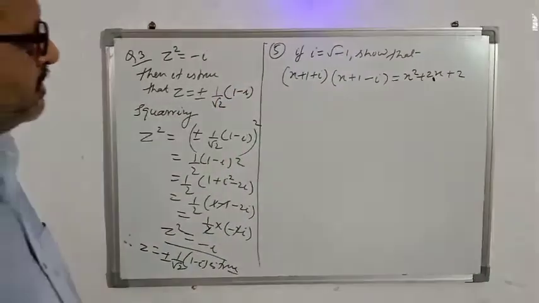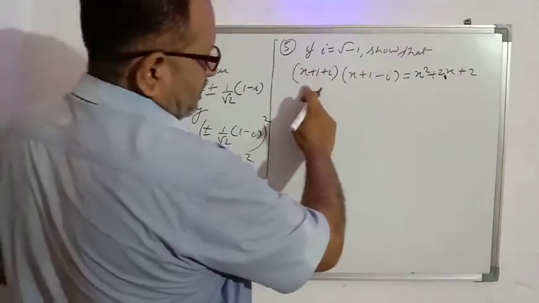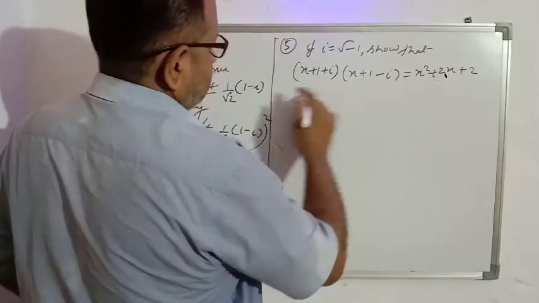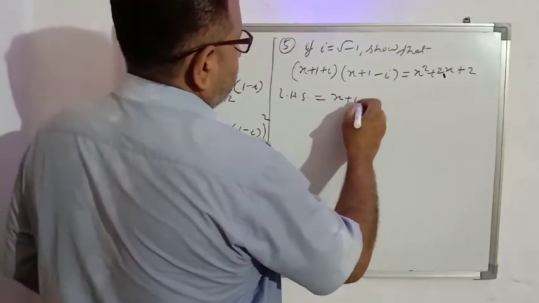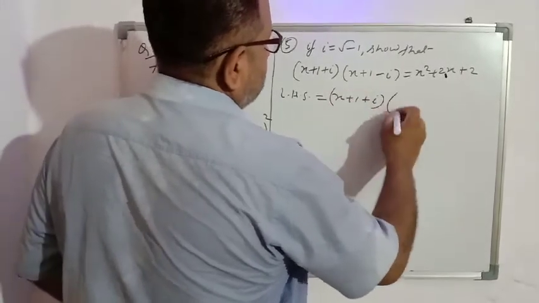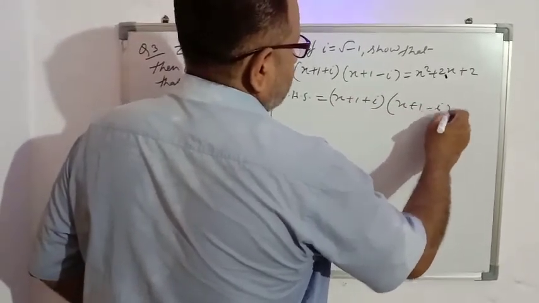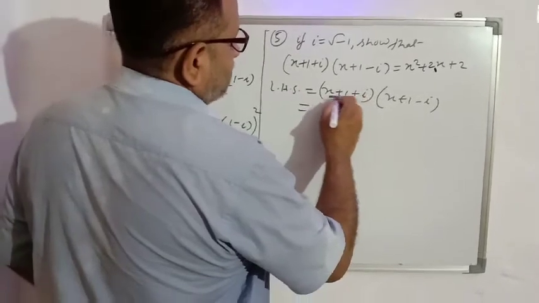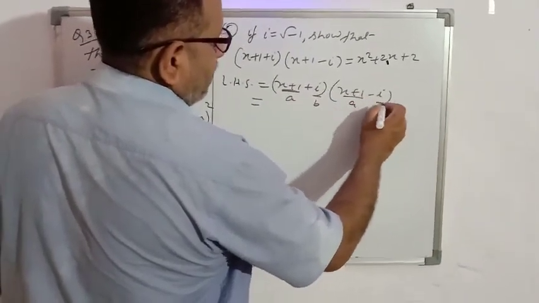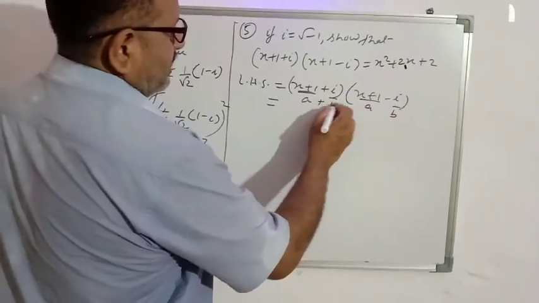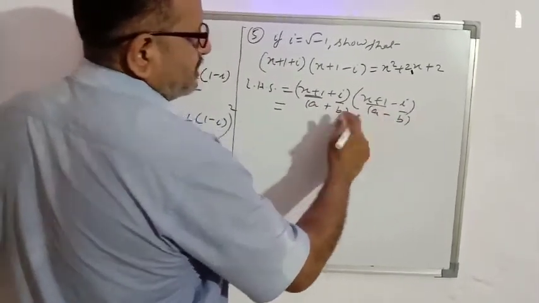See fifth, if i is equal to root minus 1, then show that this is equal to this. So take left hand side: x plus 1 plus i and x plus 1 minus i. Suppose x plus 1 is a, i is b. So we see that here a plus b and a minus b.